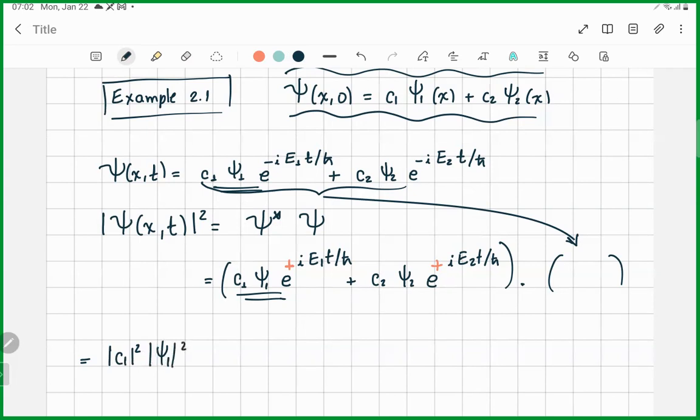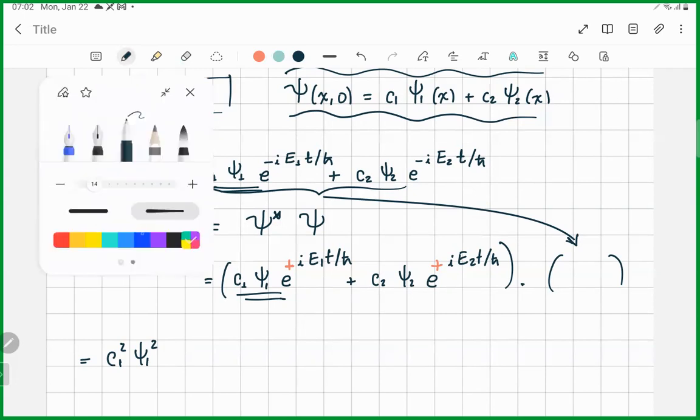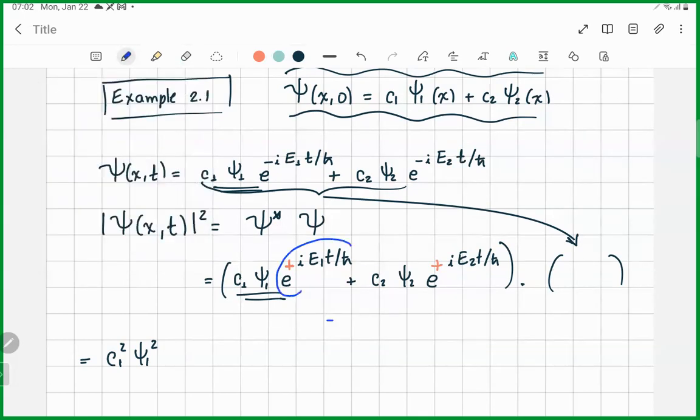This is important. We are simplifying in this problem, assuming they are real. But so, C1 squared, psi1 squared, very good. With the exponential part, this plus i and this minus i give us exponential of 0, which is 1. I don't need to write the number 1.